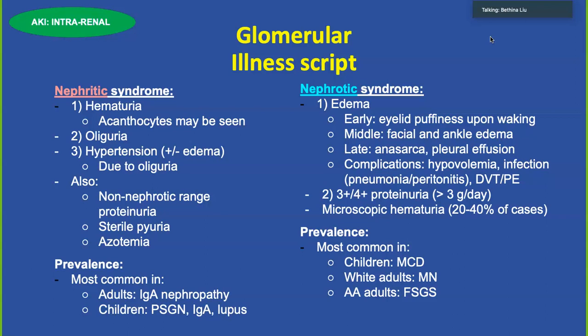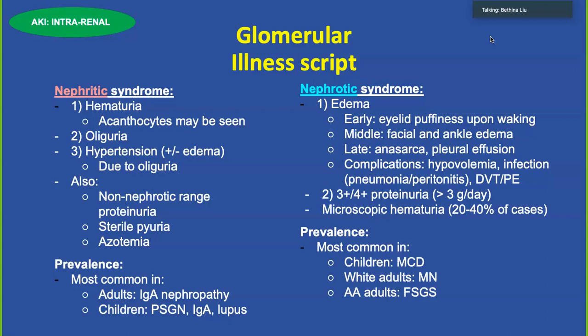Complications associated with this include hypovolemia, infection, as well as DVT and PE as a result of the loss of protein C and S, which helps with coagulation. You may see large amounts of protein in the urine, greater than 3 grams of protein a day, as well as microscopic hematuria that happens in 20 to 40% of the cases.